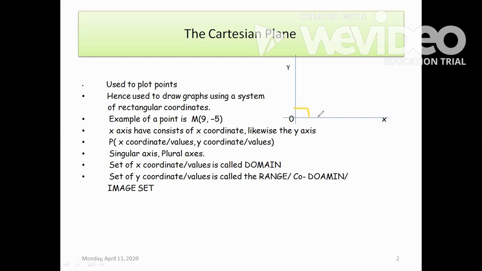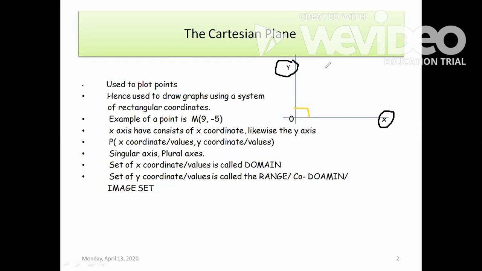A horizontal line and a vertical line. Now the name of the horizontal line or axis is called the x-axis, and the name of the vertical axis is called the y-axis. Alright? But sometimes I use those words interchangeably.